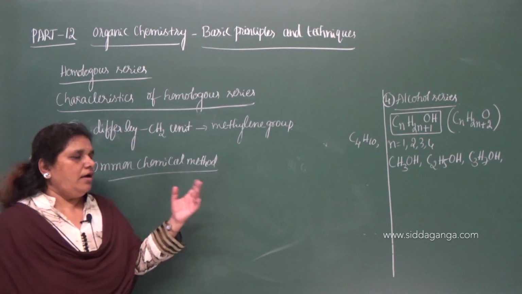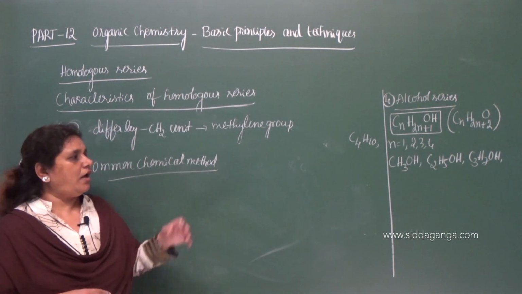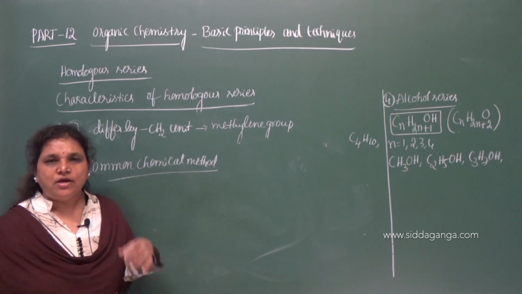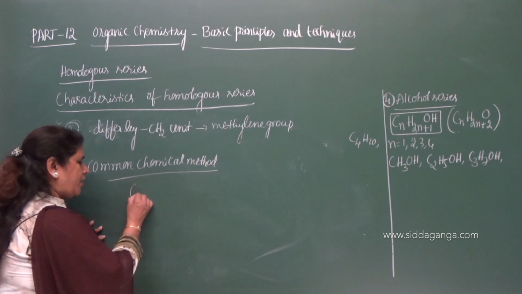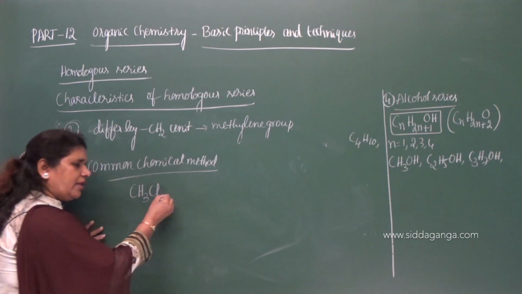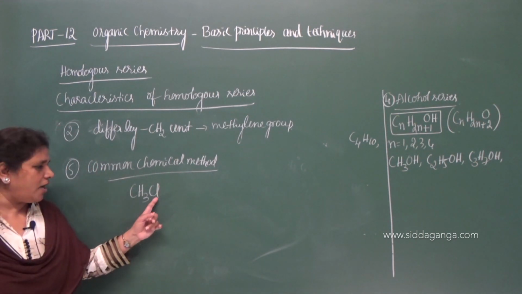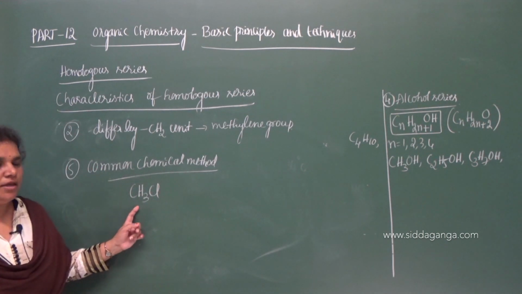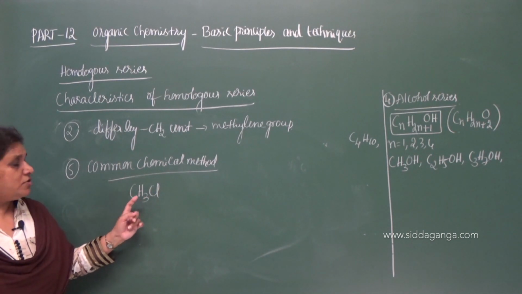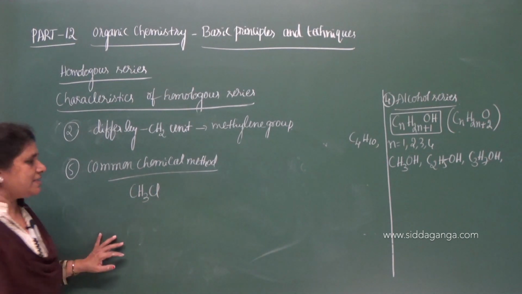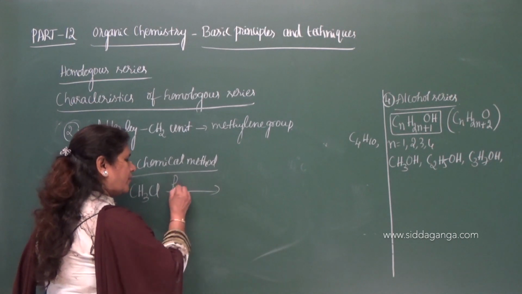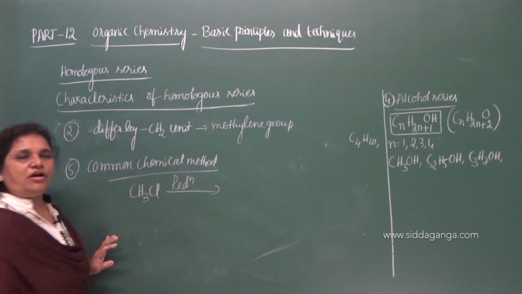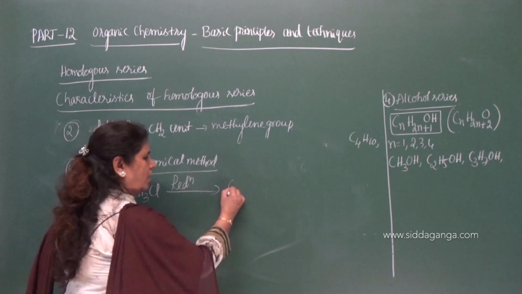By the reduction of halogen derivatives. Take the halogen derivative of methane, called chloromethane. Methane can be obtained by subjecting it to reduction.